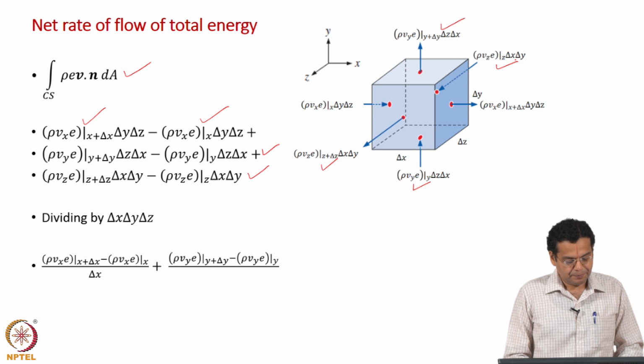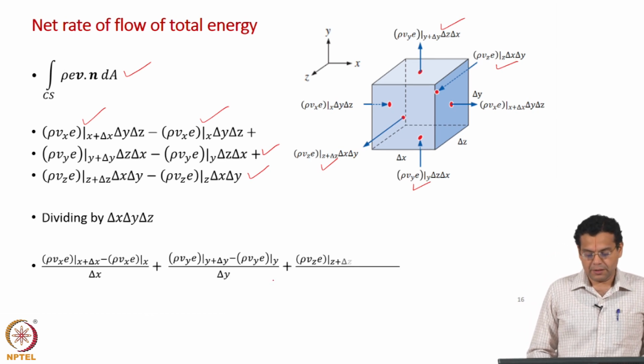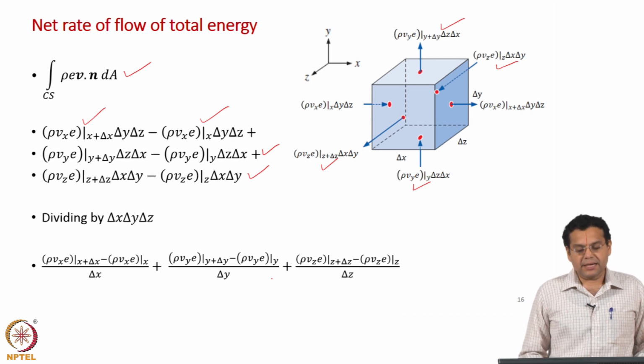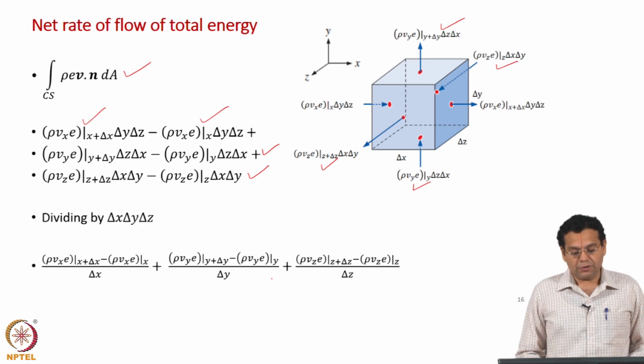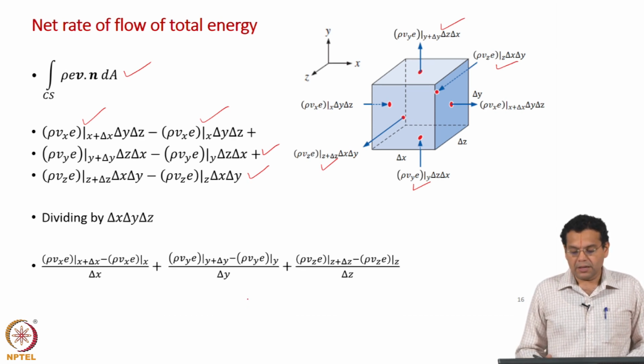Okay. So now we should note that they once again represent the net rate of flow of total energy leaving, but now because we have divided by delta x, delta y, delta z, it is per unit volume, and now it accounts for all the three directions.